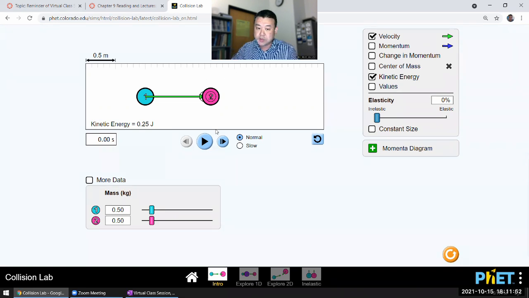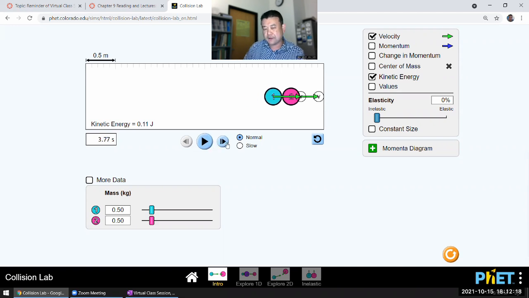So let me run the simulation. And that is what you see. After the collision, kinetic energy didn't quite go to zero. I think the value of kinetic energy we have right now is super inconvenient. Okay, let me make it even. Okay, let me do the collision again. Yeah. So the kinetic energy doesn't go down to zero, it goes down to half.